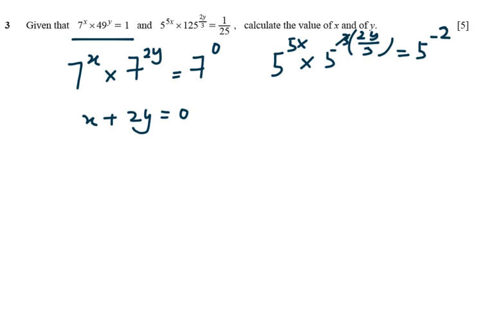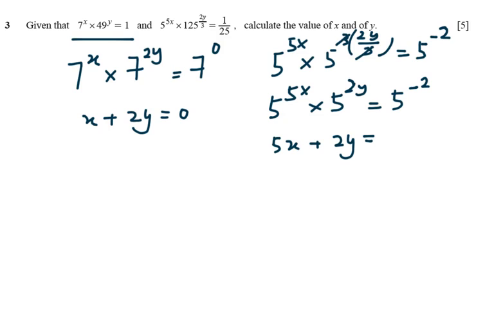From here you can simplify the equation and you will get 5 to the power of 5x multiplied with 5 to the power of 2y equals 5 to the power of negative 2. And here again you will see that the bases are the same. Hence, it can be written as 5x plus 2y equals negative 2.